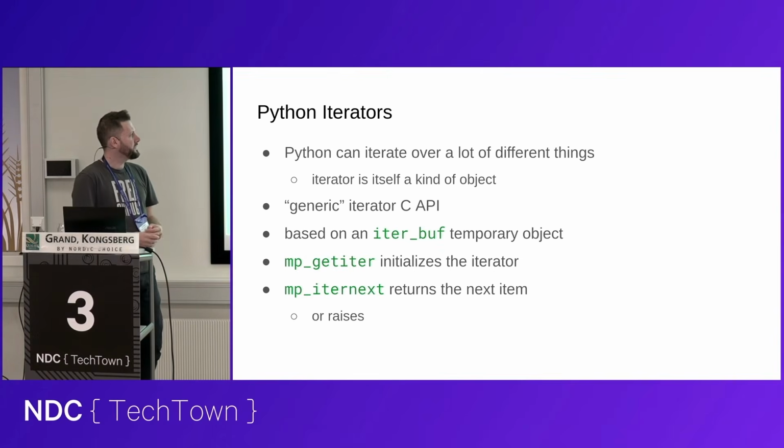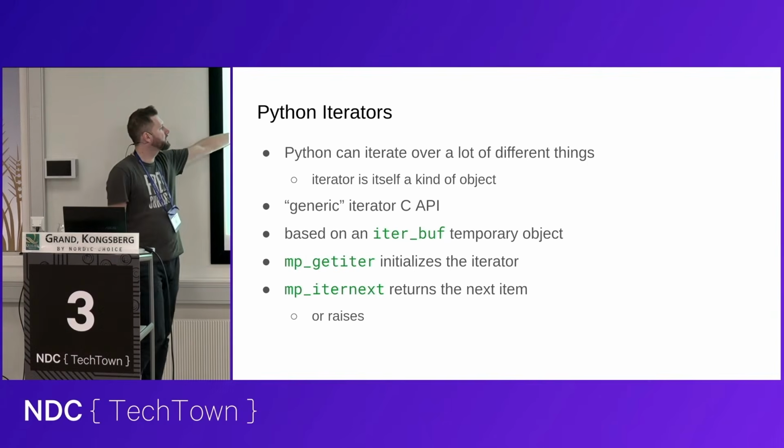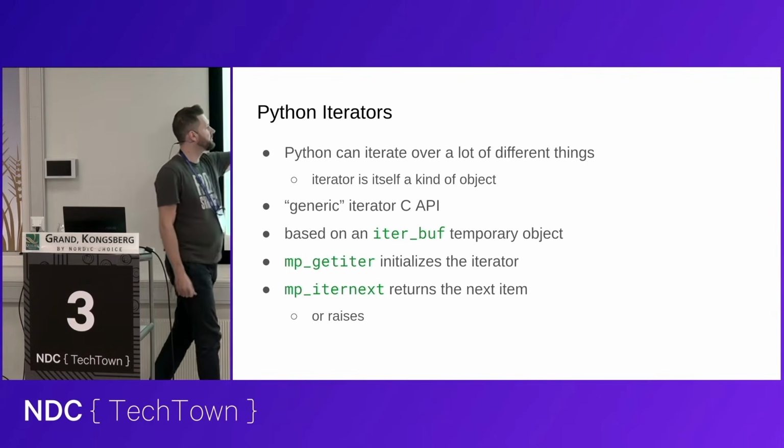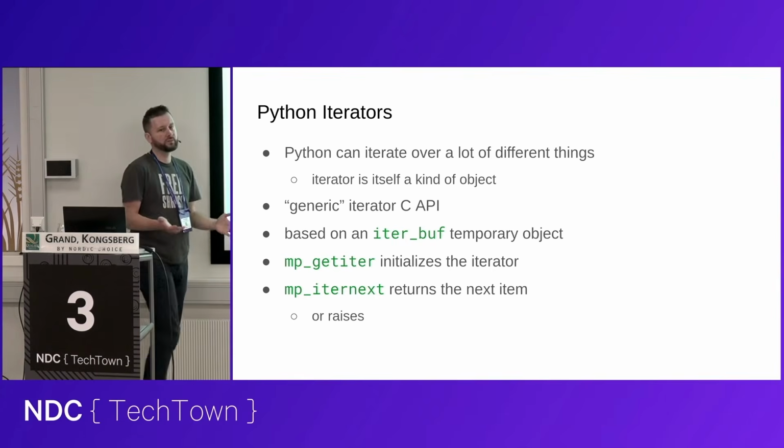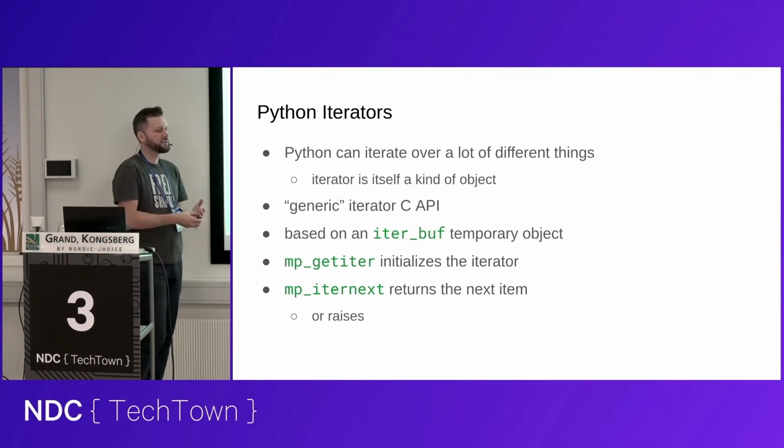There's a generic C API for working with iterators, and it's based on the C code passing in an iterbuf temporary object, which you typically allocate on the stack. Just create a struct, push it into the function mp_getiter, which initializes it.